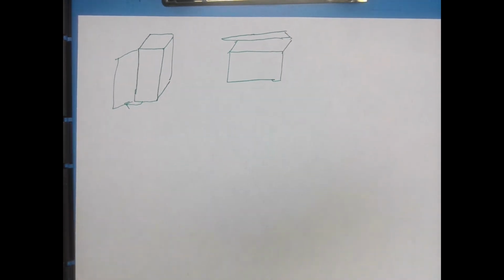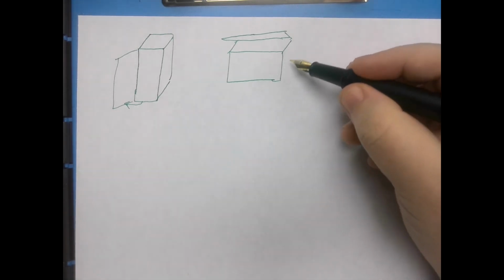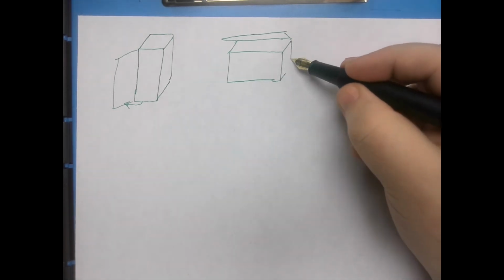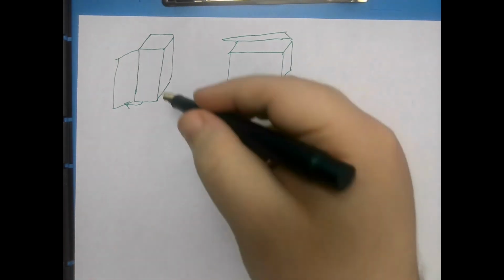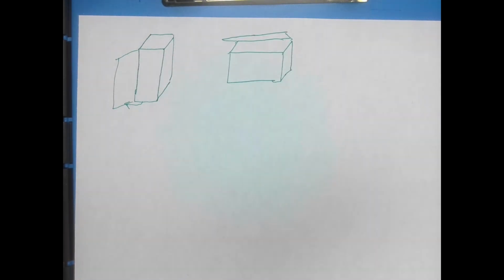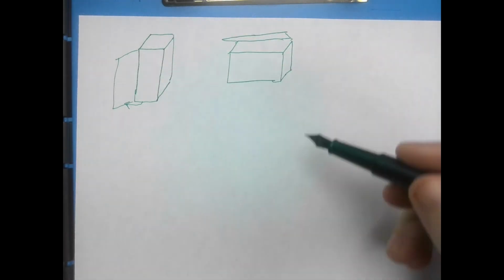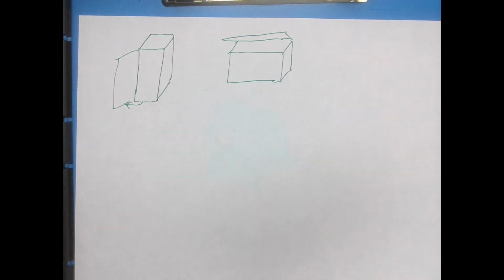Which one do you think uses more electricity? A giant big deep freezer, or your kitchen freezer? A small vertical one versus a flat horizontal one.